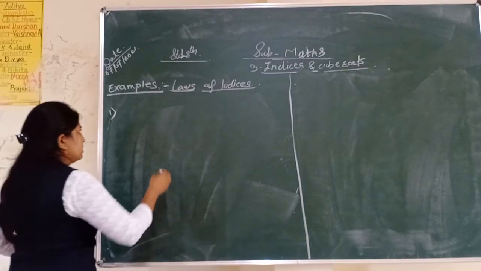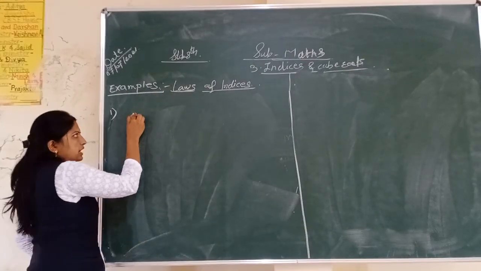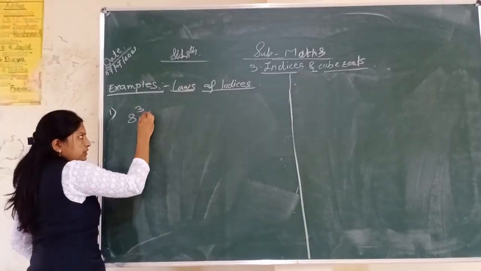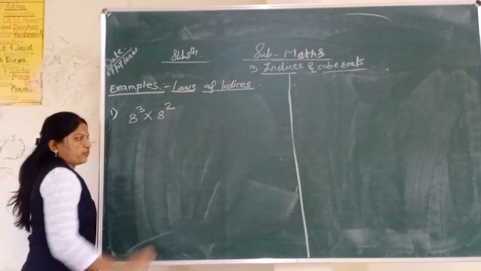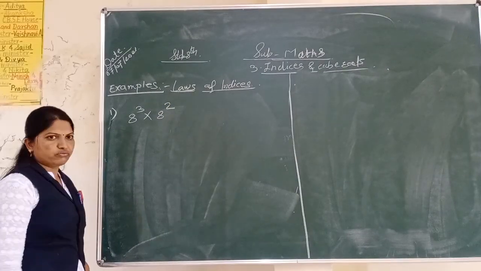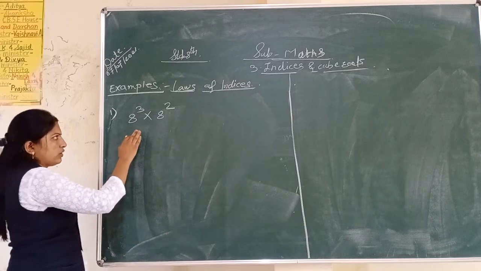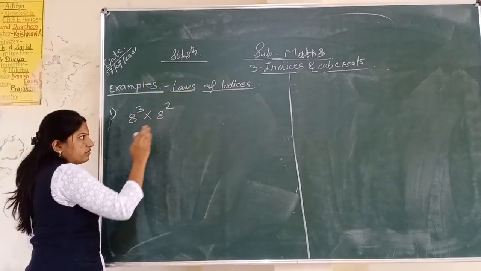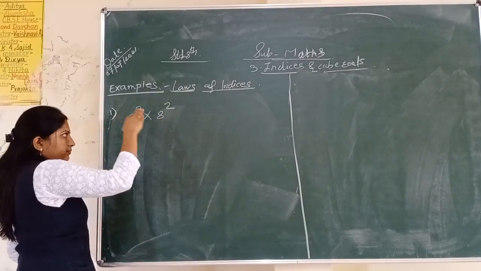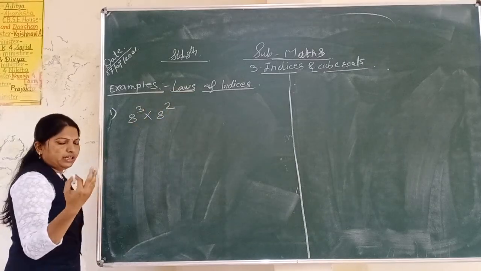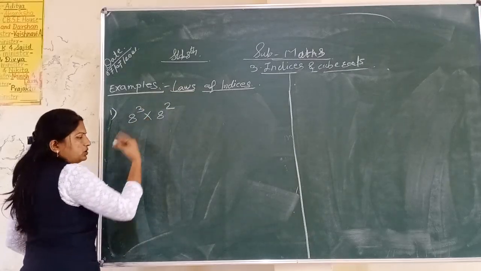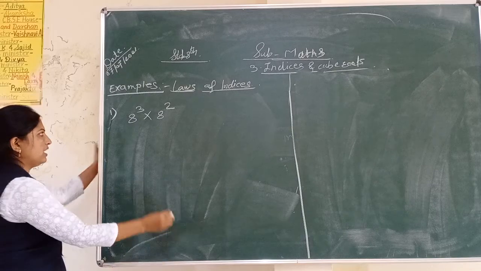See here, suppose you have one example, 8 cube into 8 square. How to solve this? Firstly, you have to use the law of indices which is proper for this example.